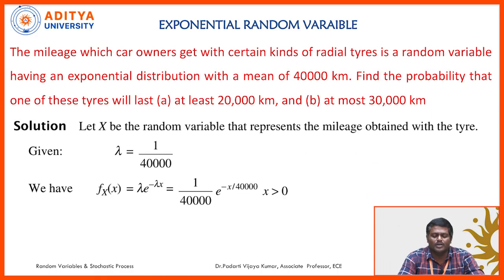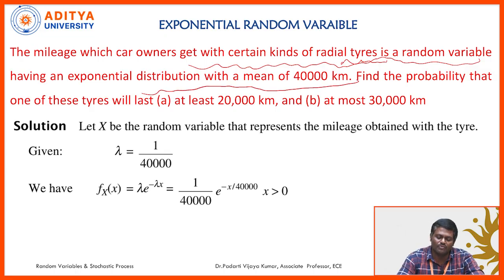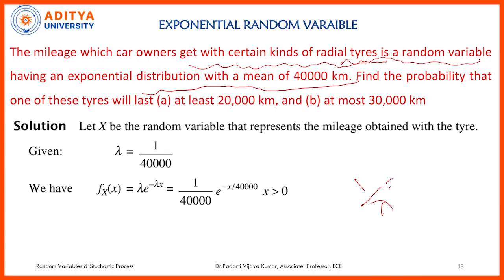Next one is a problem related to the car tire. The mileage that the car owner gets with a certain kind of radial tire is a random variable following an exponential distribution. Given the mean value, 1 by lambda, on average a car tire works efficiently up to 40,000 kilometers.